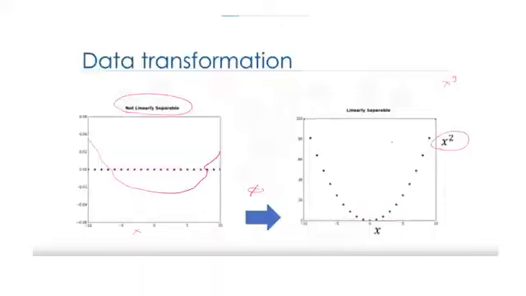So when you convert a particular variable into a higher degree, your data gets converted from non-linearly separable to linearly separable. Now if I have to separate this data, I can use a linear line to separate these two classes. This is the major task of SVM.